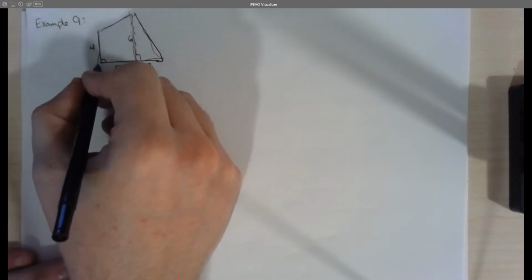Our first step when solving this question would be to see what shapes I really have here to work with. When I'm looking at this particular shape, this is a right angle, by the way, I see 2 main shapes here. I see a triangle right here, and I see a trapezoid right here. So I'm going to separate those into those 2 shapes and figure out the area of those individually and then piece them together when I'm done.